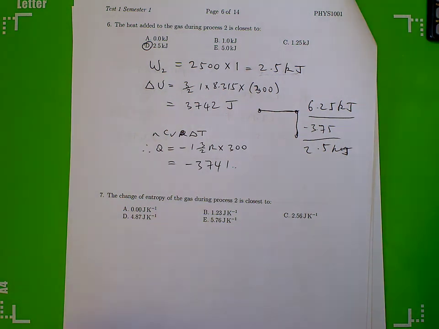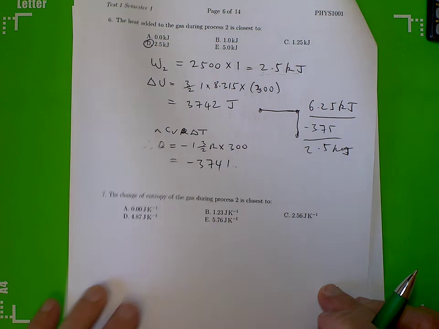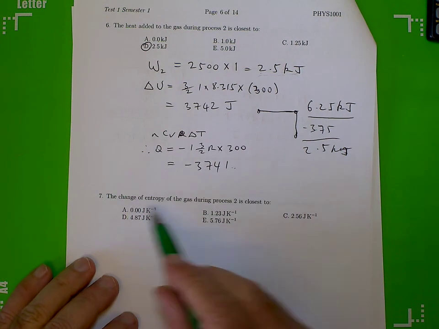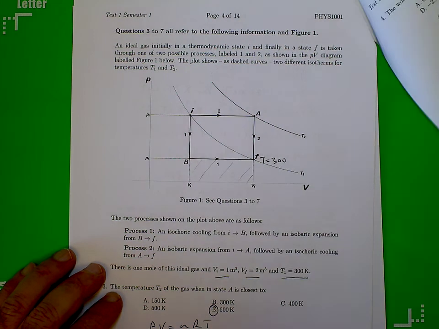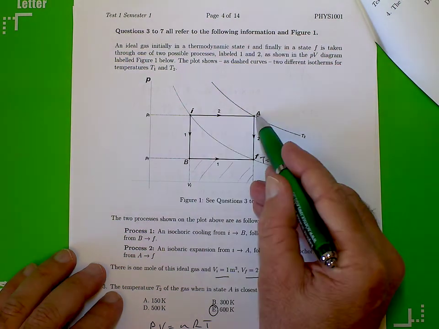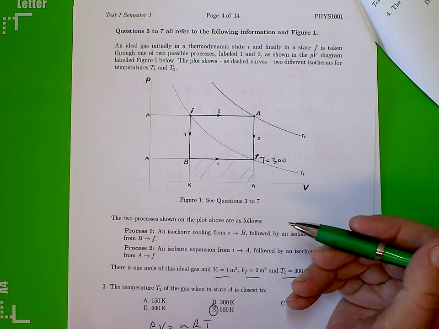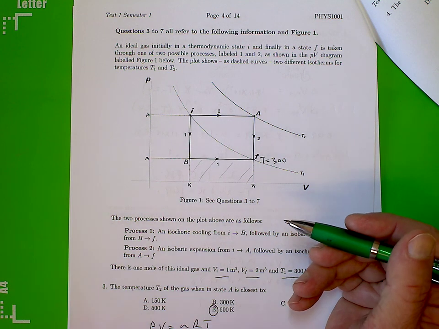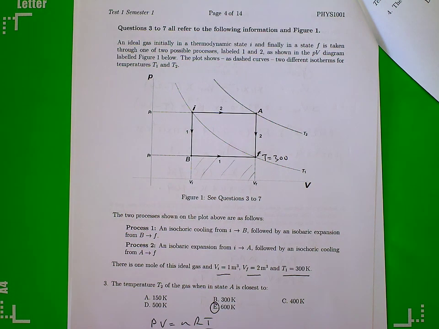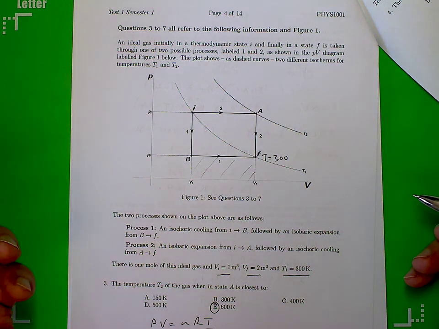And the change of entropy of the gas during process 2 is closest to. Okay, so change of entropy going from there to there to there. Now, the trick, if you like, with change of entropy is that it's a state variable. So entropy basically depends only on the initial and final points, not on how you got there.